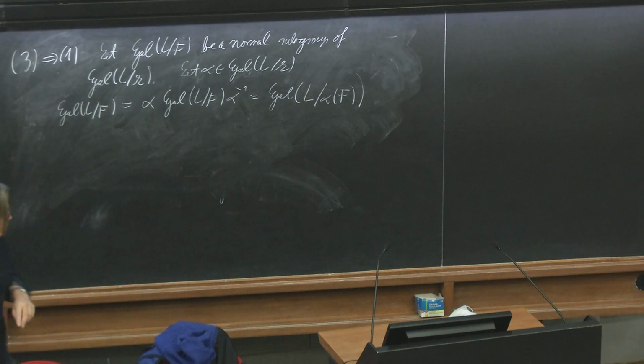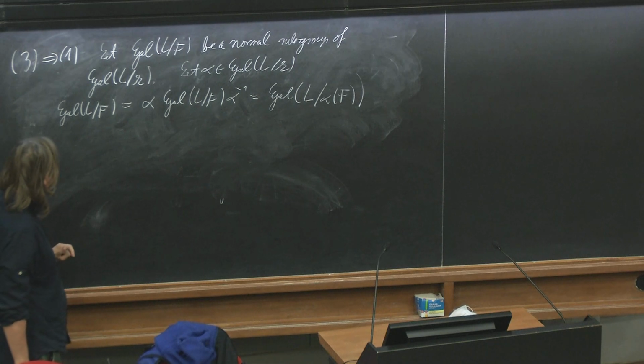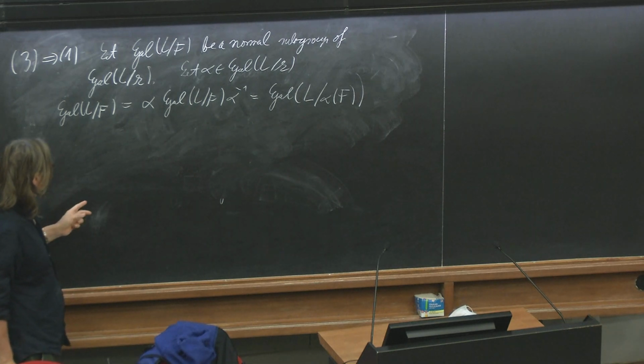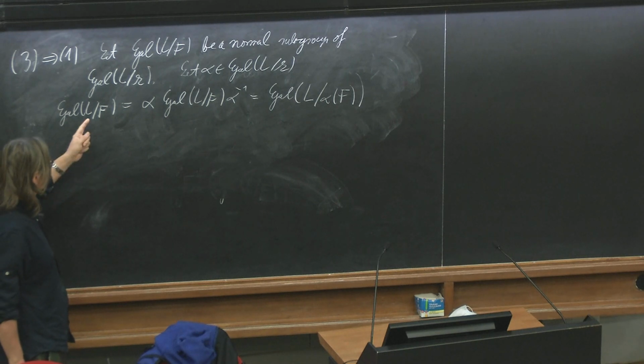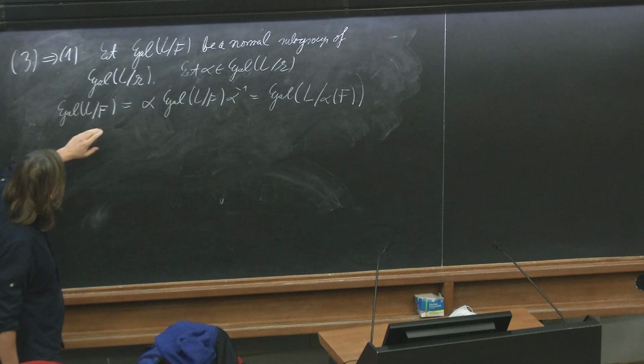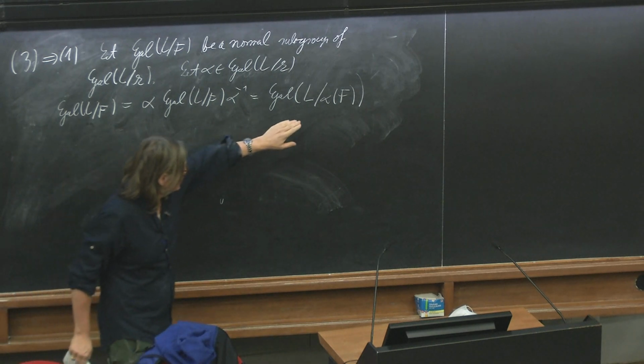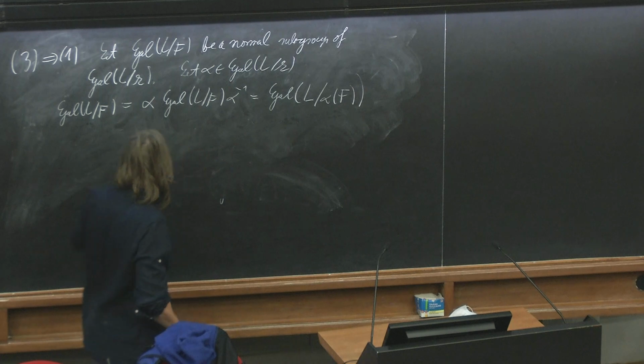But remember that the fundamental theorem of Galois theory says that the map which associates to an intermediate field the Galois group of L over it is a bijection. So that means if these two Galois groups are equal, then the intermediate fields are equal.